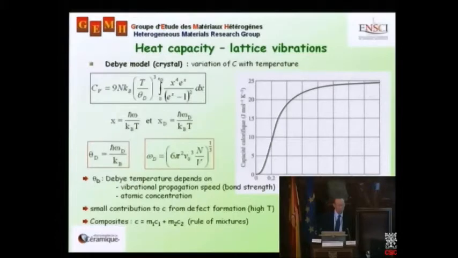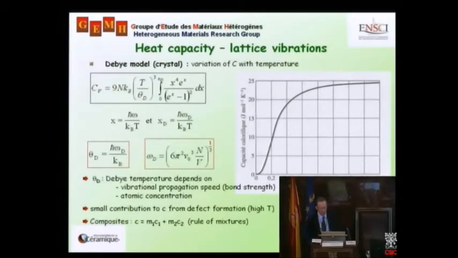So the region of strong change of heat capacity with respect to temperature is determined by a parameter called the Debye temperature. The Debye temperature is a characteristic of the material, the solid. It's related to basically the rigidity of the crystal structure.